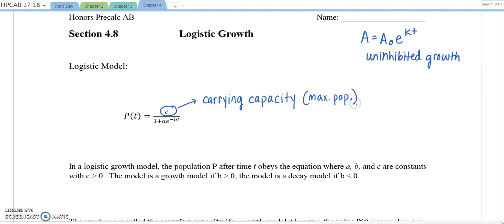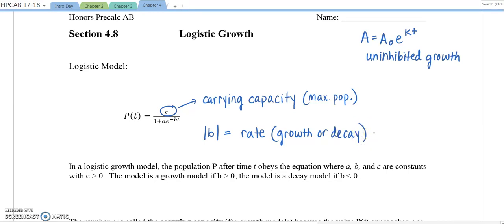The other variables in here, like A, it's just a constant, and B is kind of the important one because B is going to tell us whether it's growth or decay, and it's going to be the rate. So the absolute value of B is our rate, either growth or decay, depending on if B is positive or negative.